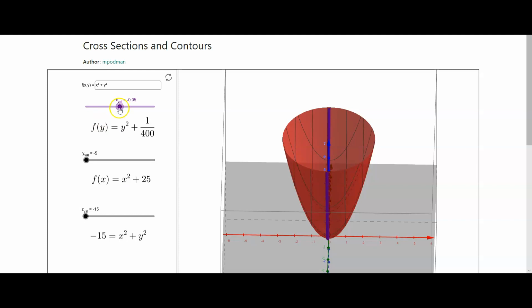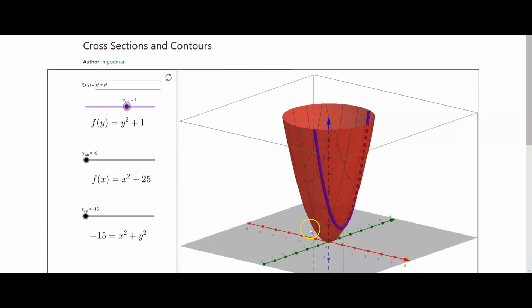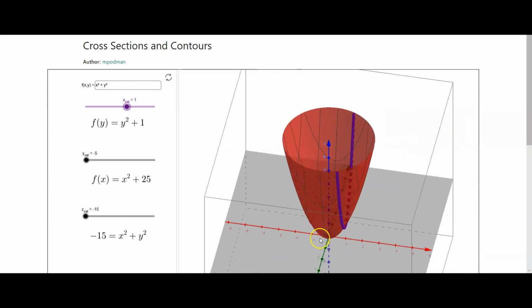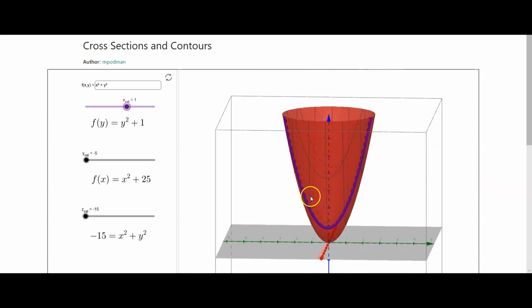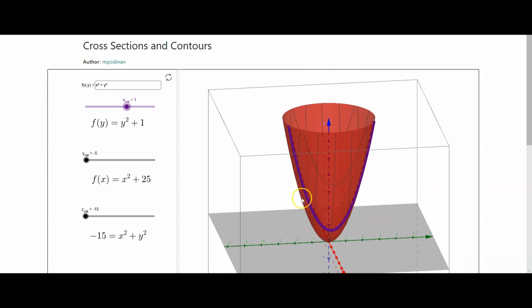If I set x equal to 1, then you can see that we get the function z equals y squared plus 1. And now that's just the parabola that, if we were to slice this paraboloid at x equals 1 right here and then split the two pieces apart, where they connect at that seam forms a parabola that's elevated 1 unit above the xy plane.